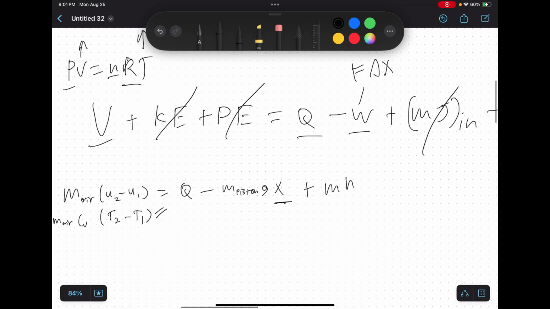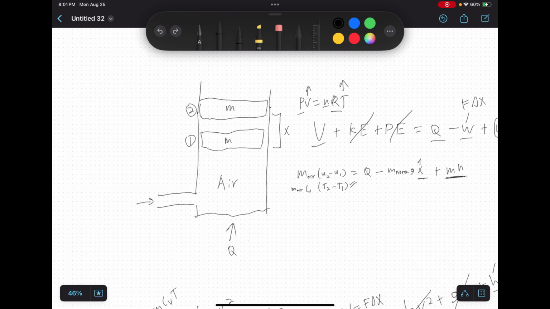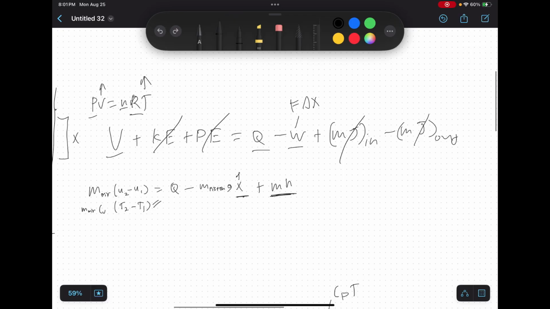And if this is a positive number, X should increase because there's a negative sign out front, which makes sense. It's like blowing up a balloon. If you're blowing air in here, it will push the piston up more. So that sanity checks out.